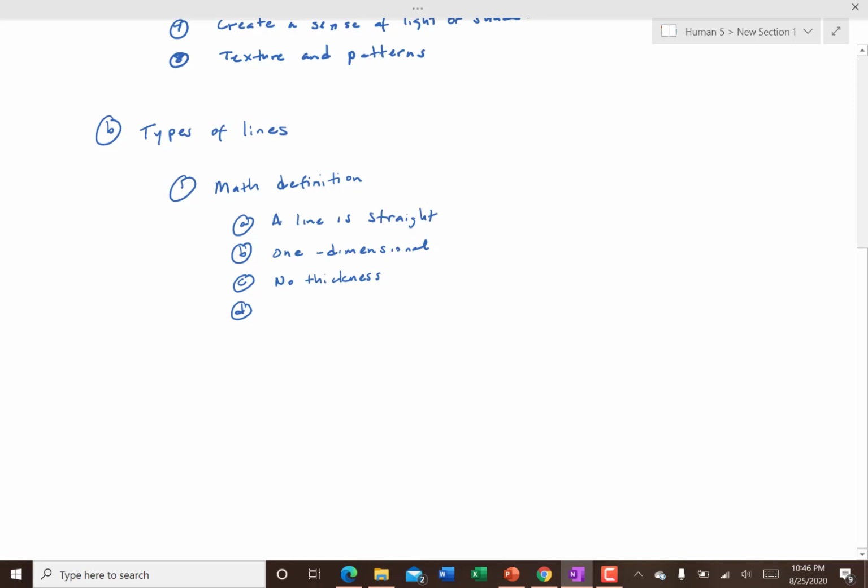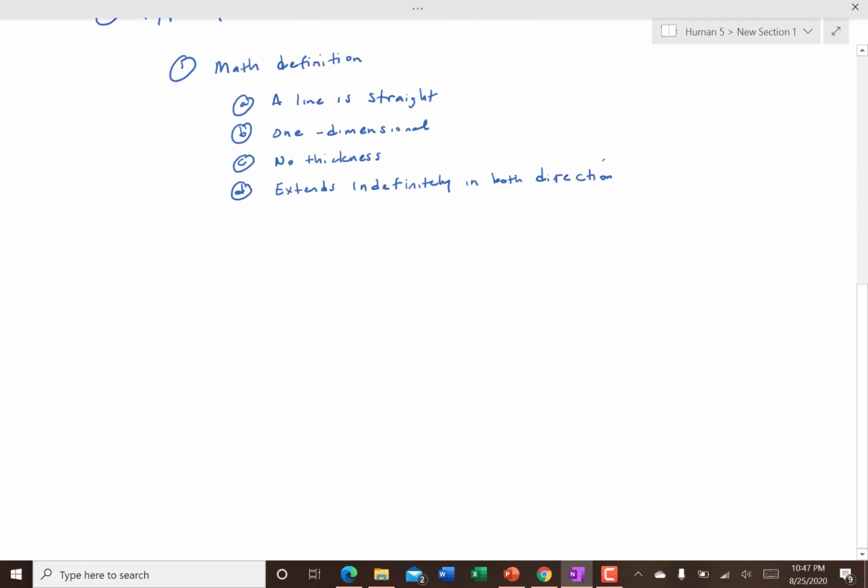It also extends indefinitely. Right, so that's important in that a line in math never ends, in both directions. So how you would portray a line if you were doing it in math would be, well, one way is you have the arrows, because the arrows mean that it continues on indefinitely.